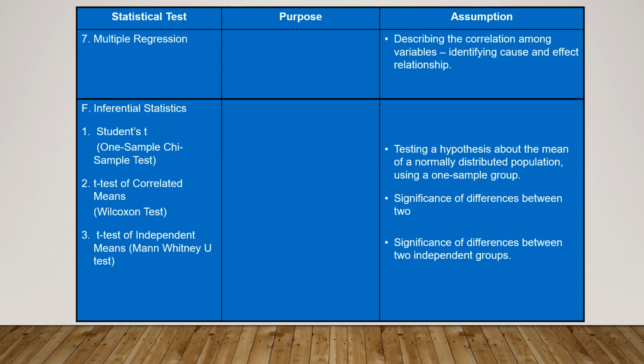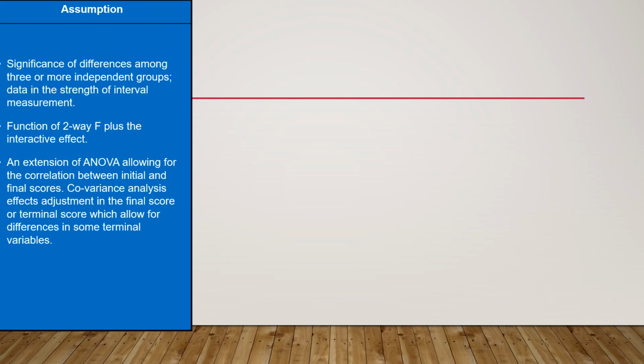The assumption: the significance of difference between two. Then the third inferential statistic, we have the t-test of independent means or Mann-Whitney U test. The assumption: the significance of difference between two independent groups.